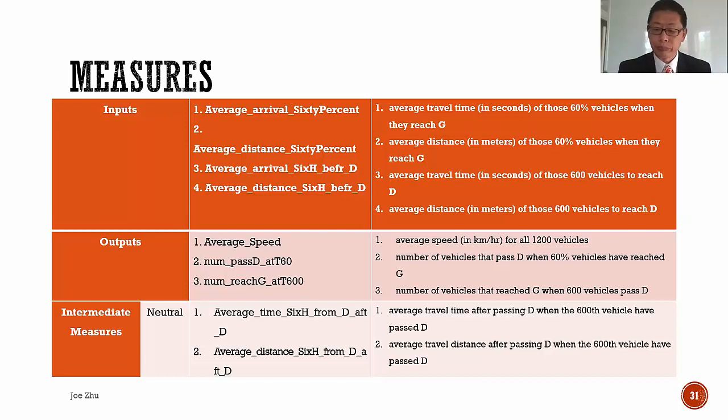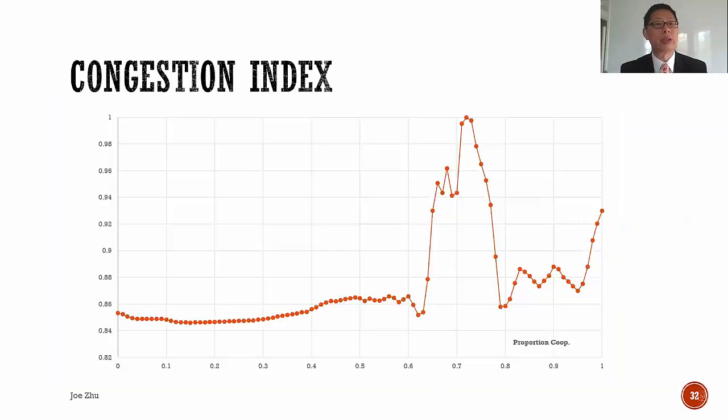And this is the simulation. They did the congestion index, as we can see, somewhere between 70% and 80%. The people that use GPS get the highest congestion index. So I think this is a very interesting study. It's a very novel use of a network DEA to get values.